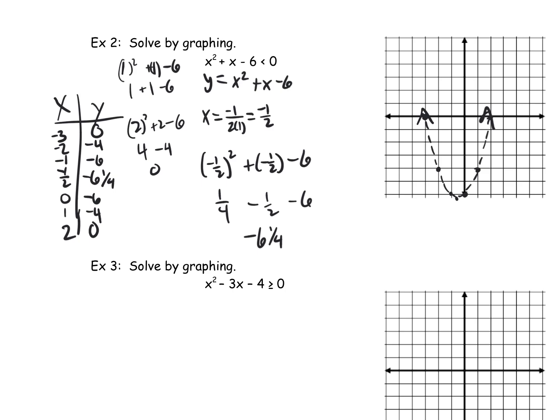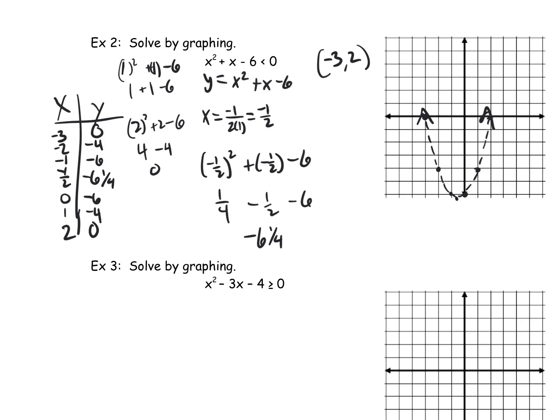Therefore, one end of the domain of the x's that work here is going to be negative 3, and the other end is going to be positive 2, and we're going to bound those with parentheses because those values themselves are not included in our solution set.